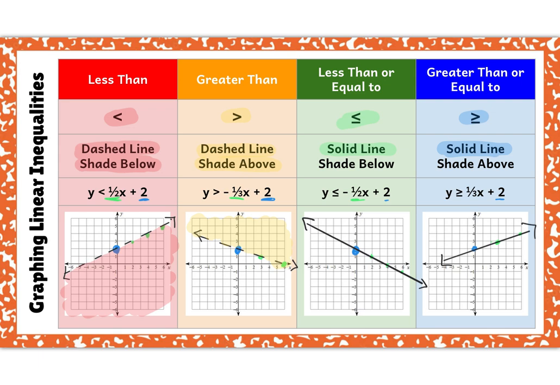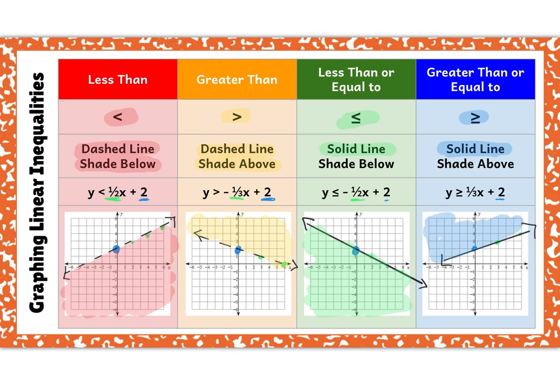Similar to before, my less than or equal to also shades below, so that means anything underneath here is an answer. Whereas my greater than or equal to is anything that shades above.